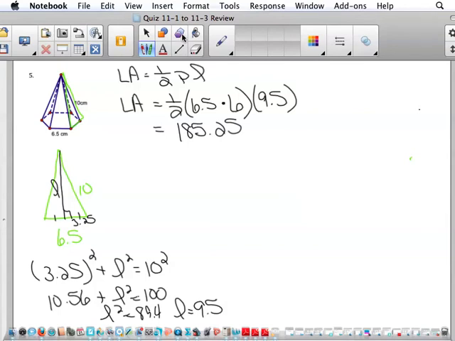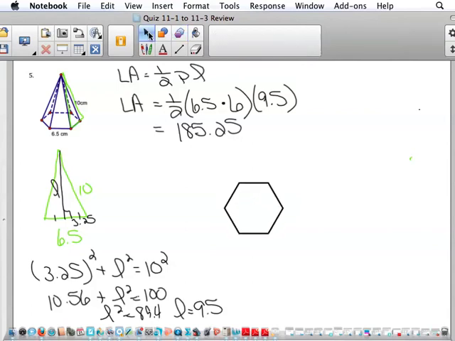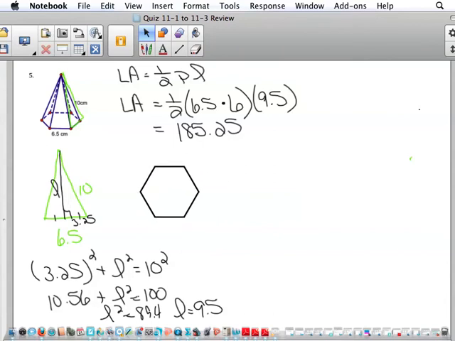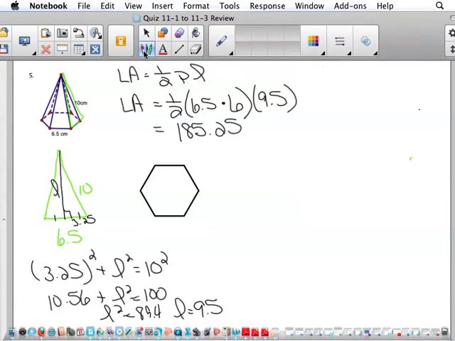And now when I look at this base, the base is a hexagon. I have to find the area of the base, because to find the surface area, I'm going to take the lateral area plus 1 base.